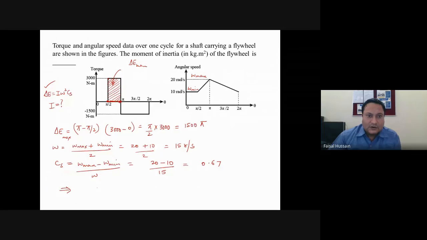So this implies delta E, 1500 pi equal to I multiplied by 15 square multiplied by 0.67. तो यहाँ से आपको मास मोमेंट ऑफ इनर्शिया मिल जाएगा, 31.25 kg meter square. So see, by using the graph also you can find it.